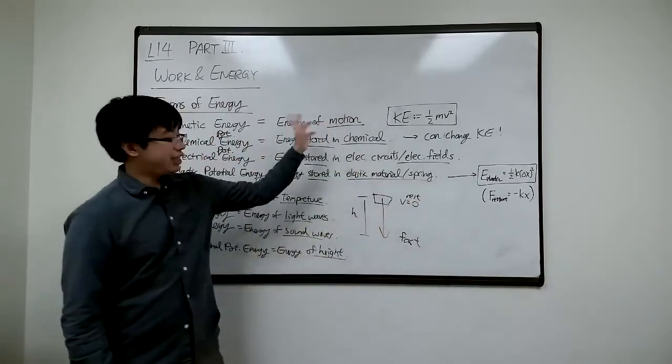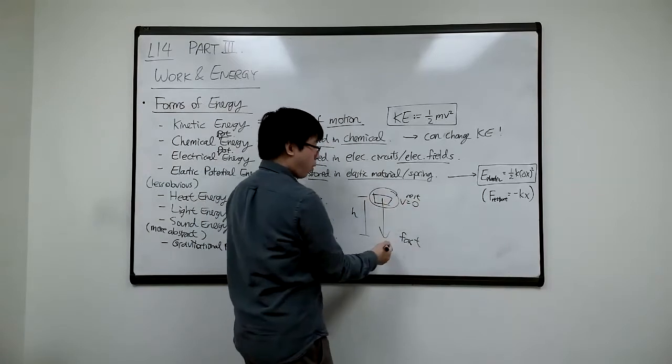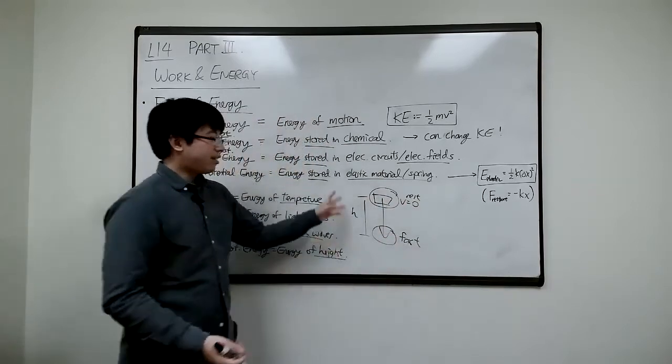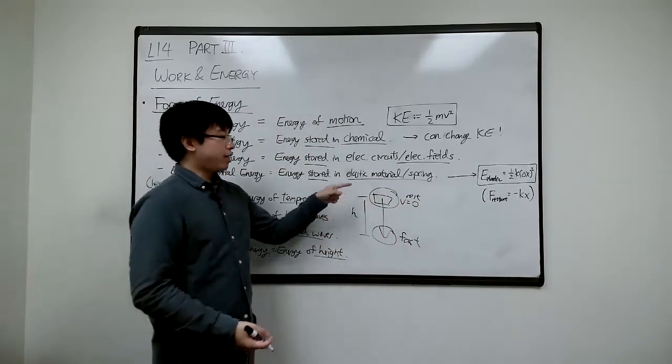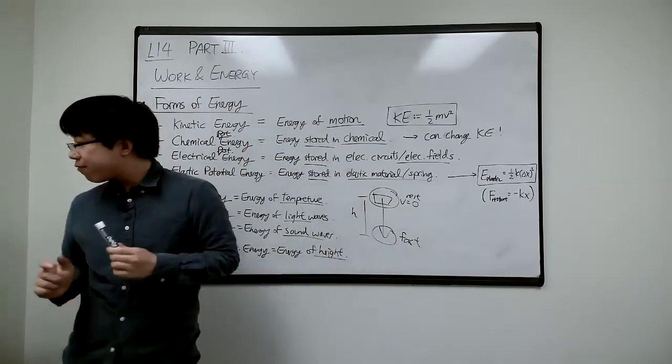So it has changed its motion, it changes kinetic energy. So it must, over here, have more energy than here. What's the difference? The difference is height. So the fact that something is higher, it will automatically have more energy.